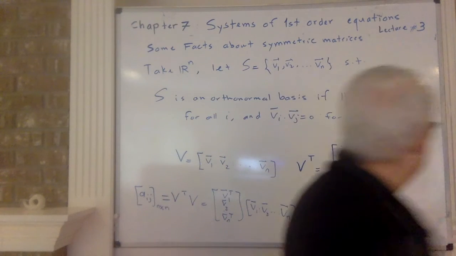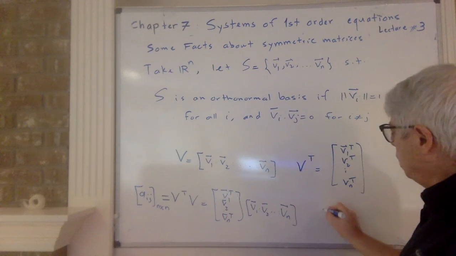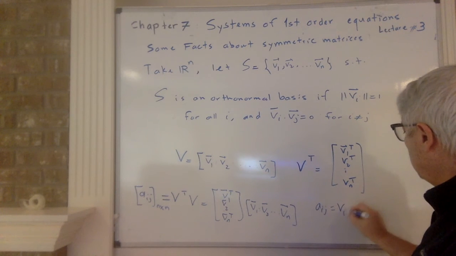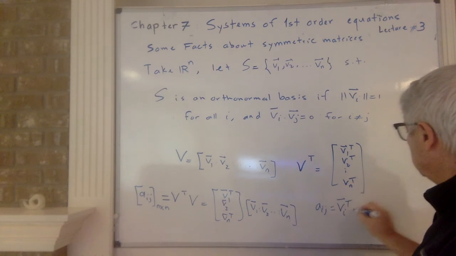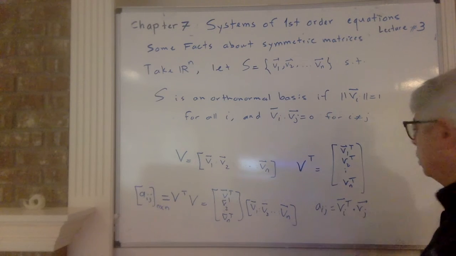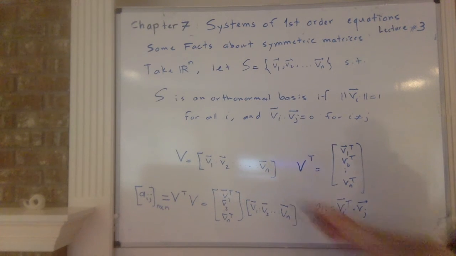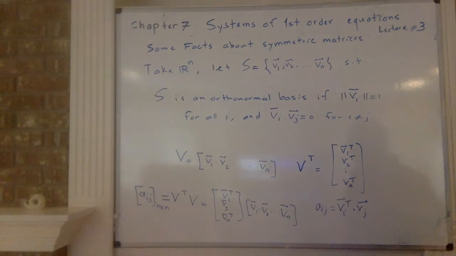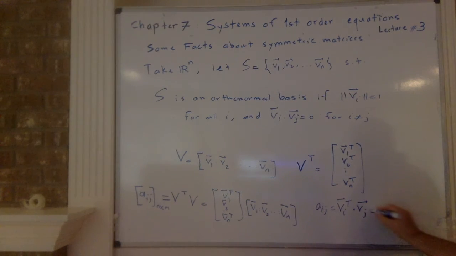So n by n, then Aij is simply Vi transpose dot Vj. Remember how we multiply matrices? Row, column, row, column, and so on. But this is 0 if i is not j, and it's 1 if i equals j.